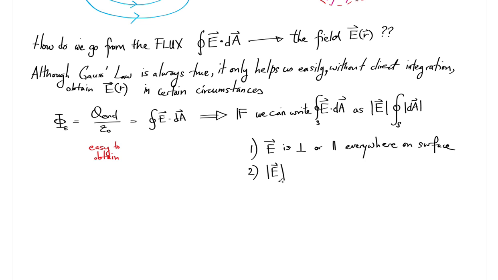Two, the magnitude of the electric field also needs to be constant everywhere on the surface. At least it has to be constant everywhere that it's perpendicular, where E is perpendicular to the surface.